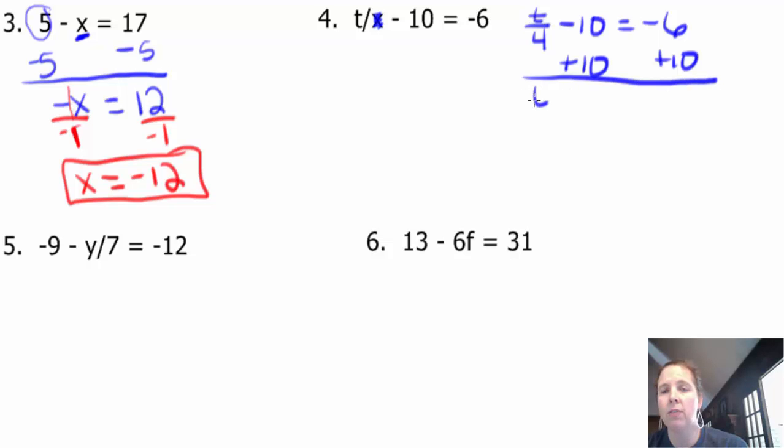And yes, you have to write all this out. 10 over 4 equals 4. Because negative 6 plus 10, you can use your calculators. So now it's t divided by 4, which is the same as, what you want to do is the reciprocal, so you multiply by 4, because you'd get rid of that 4. So t equals 16.